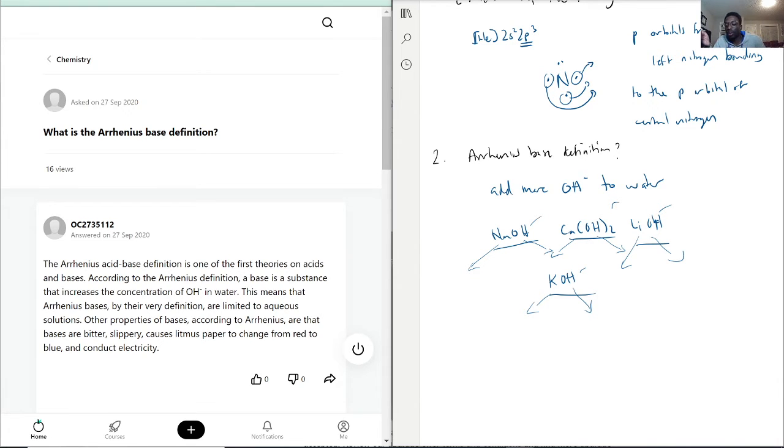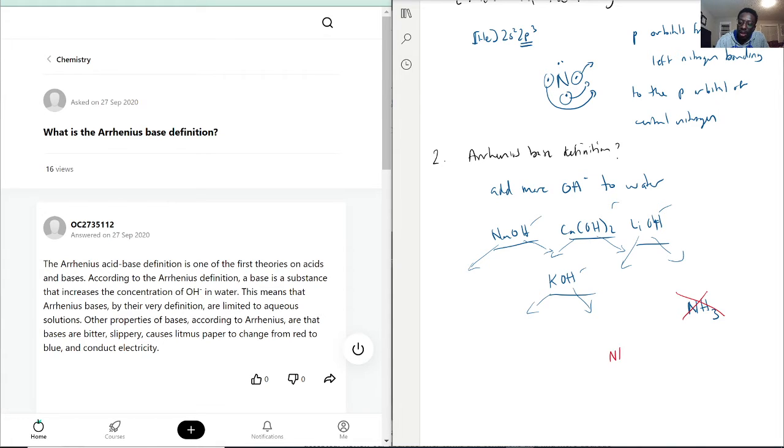So that's what we're dealing with here. We wouldn't really count NH3, ammonia, although it is known as a base, because we're dealing with this definition here. It doesn't really count as an Arrhenius base because, technically, through an equation you can see how NH3 adds more OH into the water.